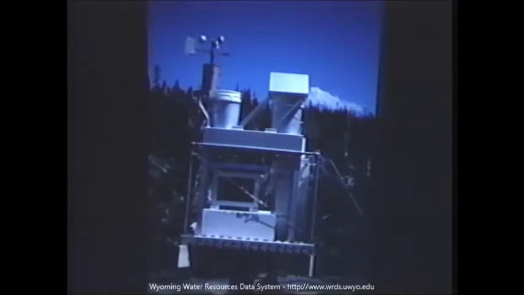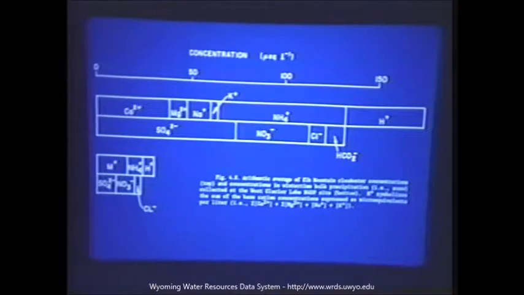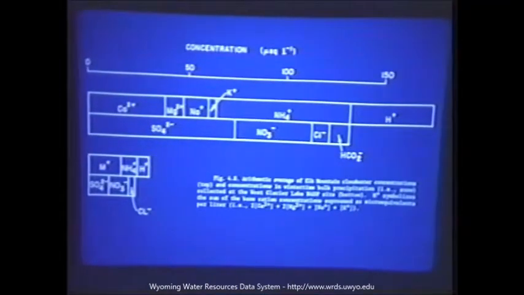And in the following slide, you can see this is the average ionic composition of cloudwater at Elk Mountain. Some 132 samples collected over the last 4 years. Winter season, 4 years between December and April.